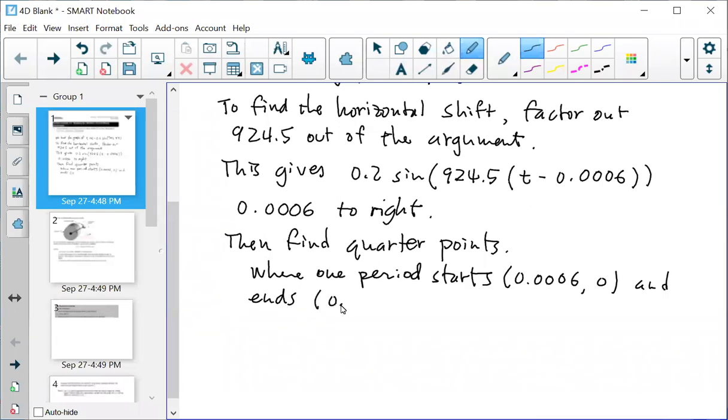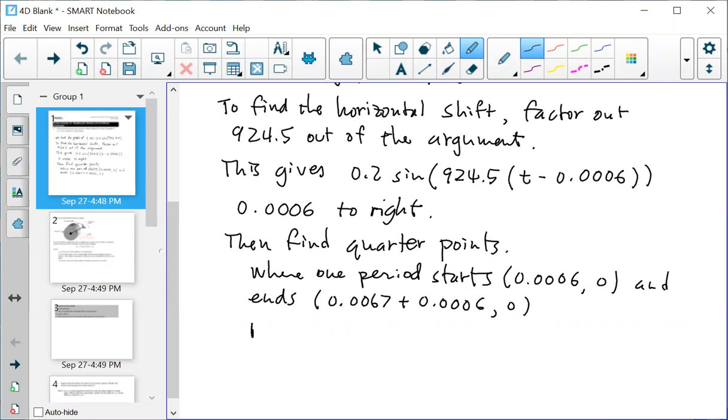So it would be 0.0067 plus 0.0006, comma 0. So that's just the period length plus the shift.